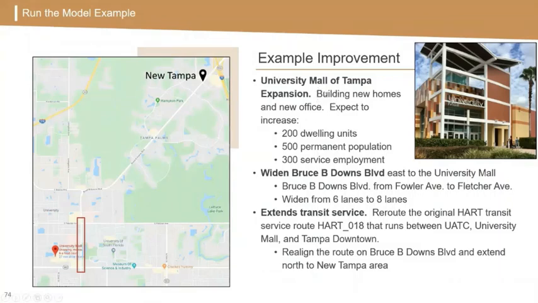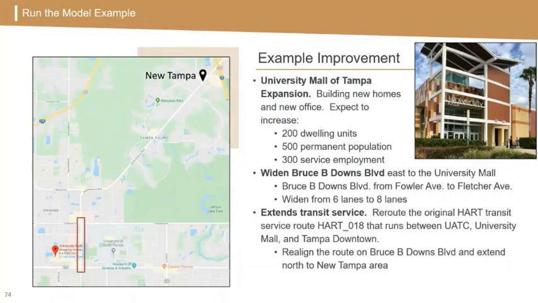We're building new homes and new offices, and we expect to increase 200 dwelling units, 500 permanent population, and 300 service employment in this University Mall area. That means in our model, we need to modify our SD data as an input for this area, specifically for this TAZ.